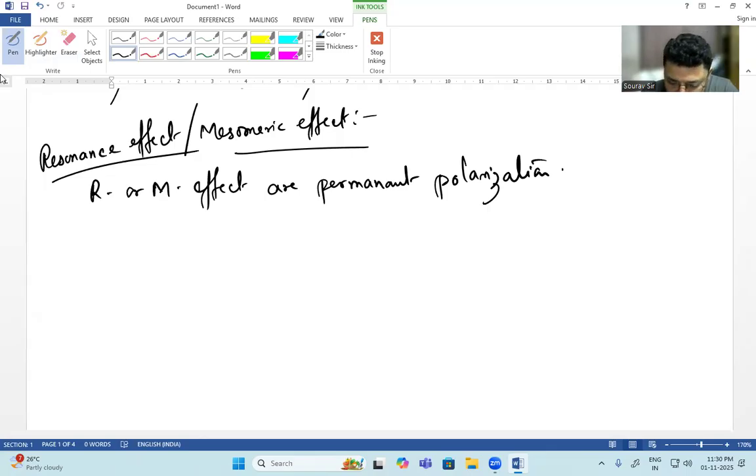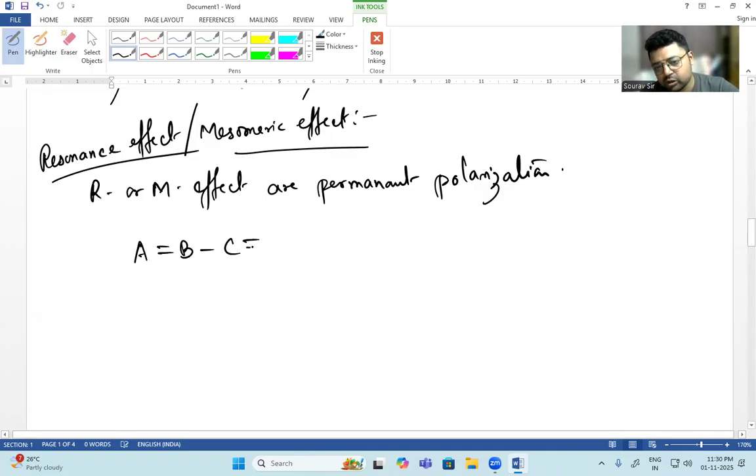Without conjugation, this distribution of electrons does not occur. Suppose the type of conjugation that we have read: A double bond B, C double bond D, and E. Here C can be confused with carbon; I'm just giving an example. So here the double bonds are in conjugation, so we can easily understand that these are conjugated.